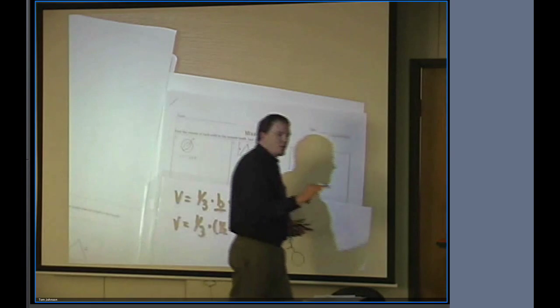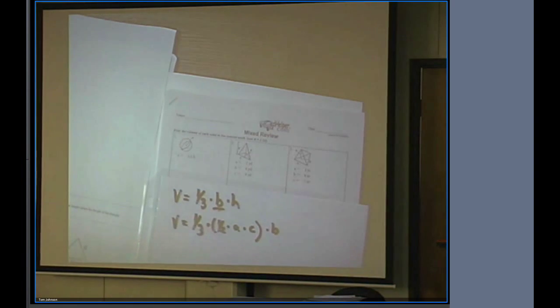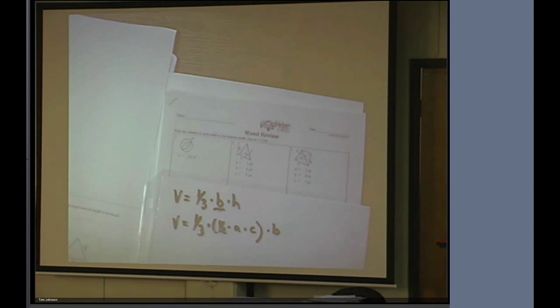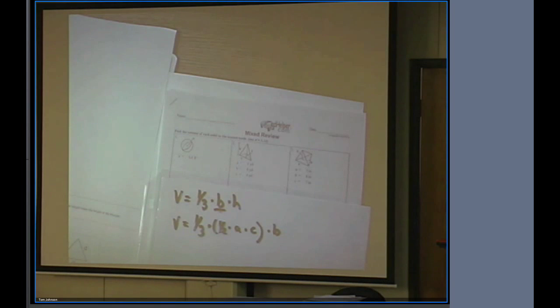So the formula sheet that we handed out to you guys gives one formula for all pyramids. If it were to break up, you'd have many different types of pyramids.